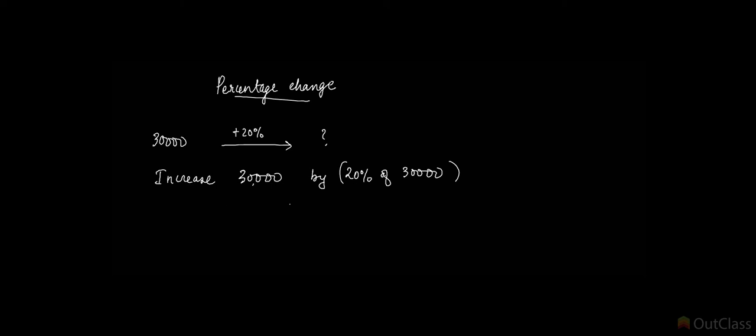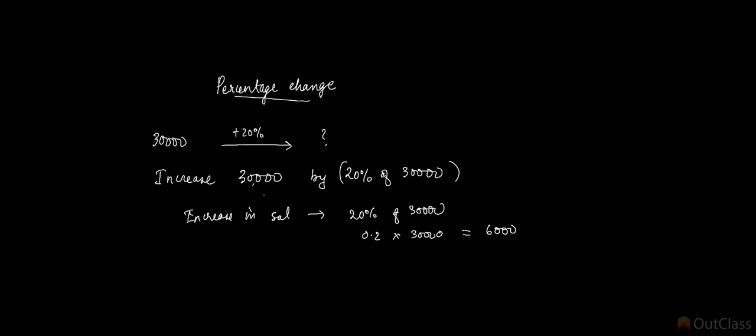So when you calculate that, what was the increase in his salary? The increase in salary is 20% of 30,000. We know how to calculate this. That is 0.2 into 30,000, which is 6,000. That is the increase in his salary.